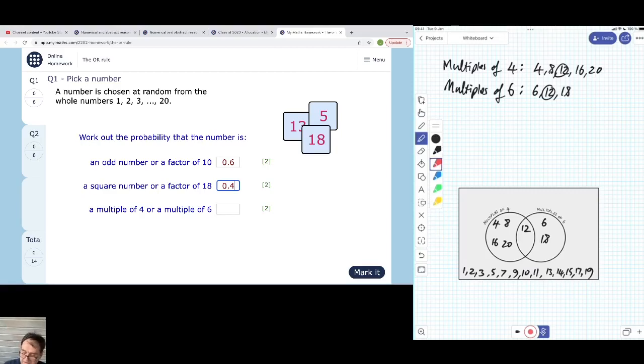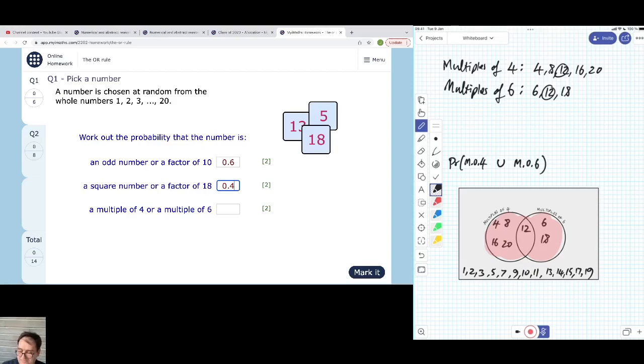Okay, so what is the probability that a number is a multiple of 4 or a multiple of 6? So again, it's anything that's in one set or the other set, or indeed the overlap of both. So I can write probability of multiple of 4, or with a union symbol, multiple of 6.